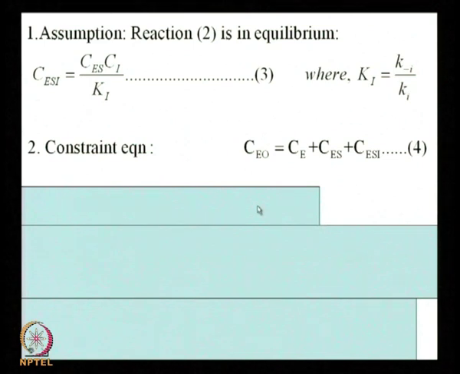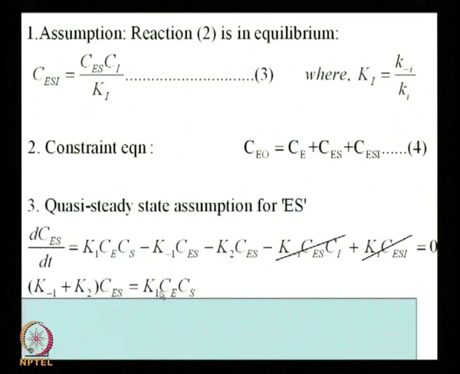Now the quasi steady state assumption. I wanted you to write it, but because we do not have a lot of time today, I just want to make sure you understand that it has to be written in this form.